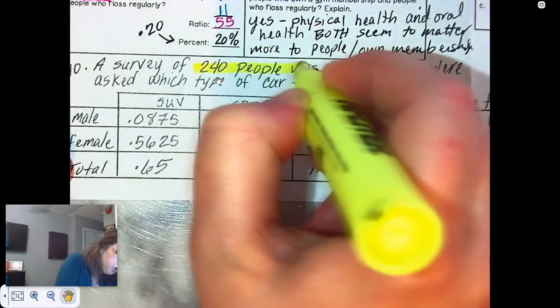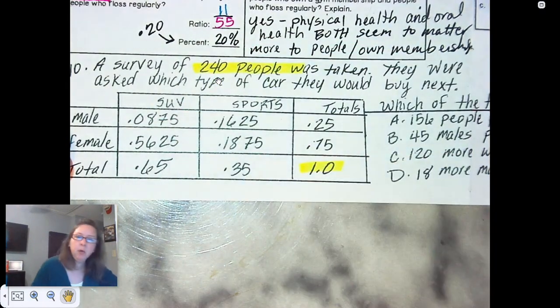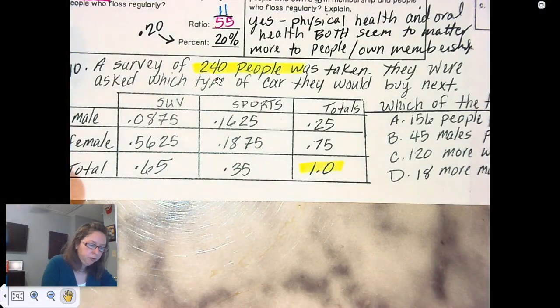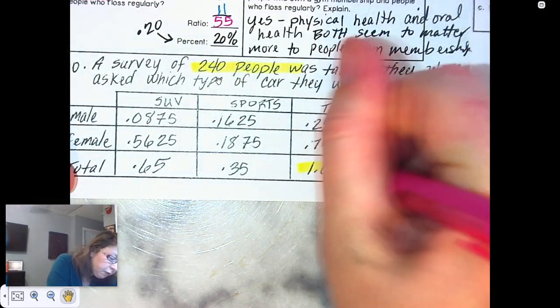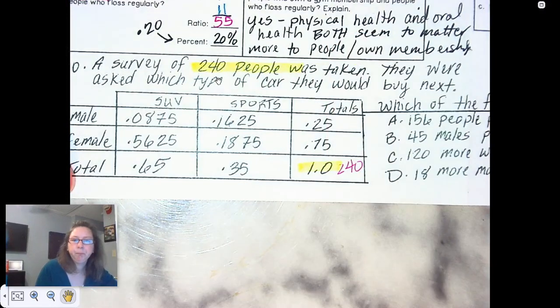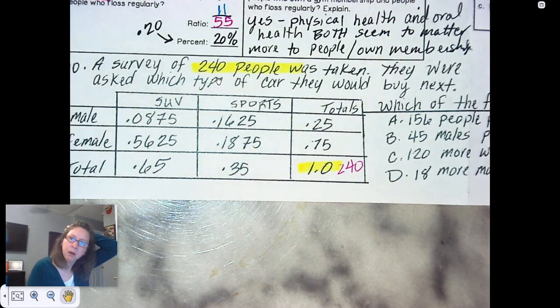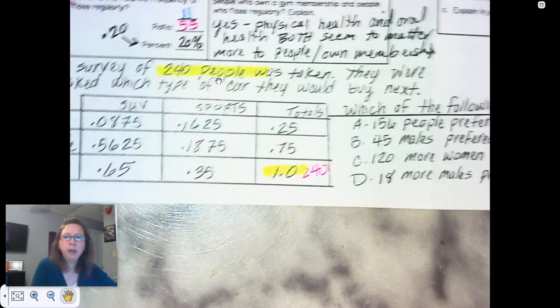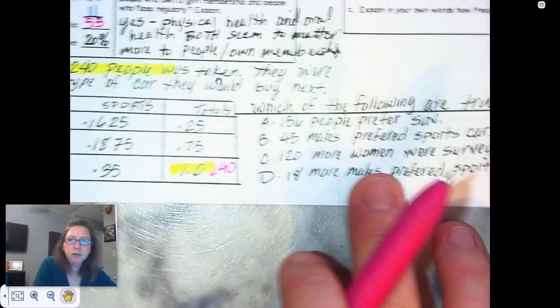240 people total. So this, if I changed that decimal to a percent, would be 100%. So this is going to be 240 people. What we need to do is change every one of these relative frequencies to a frequency so that we can then answer these questions.